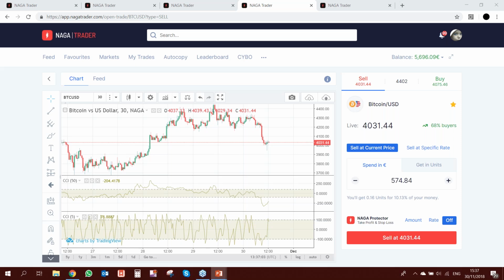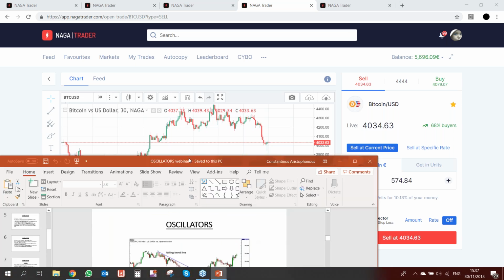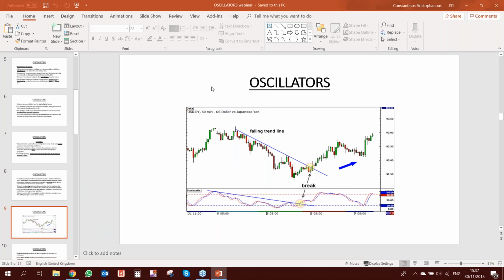Another example we have, as we said, I will bring it on the chart here, is a trend line, a falling trend line. As we stated before, we have the oscillator.